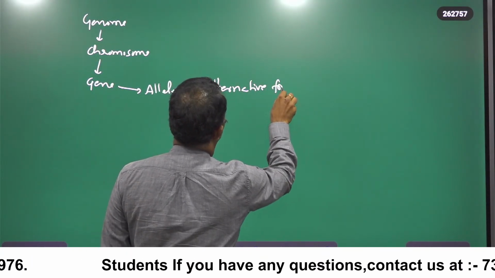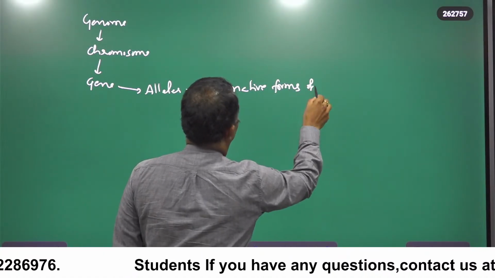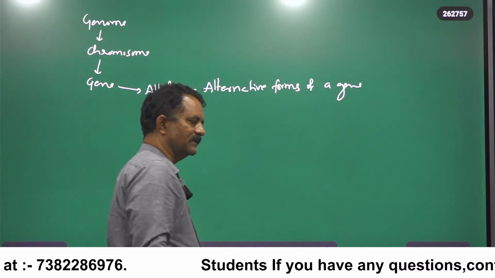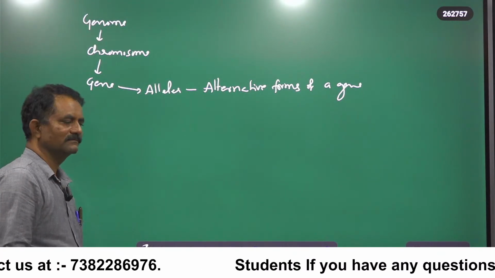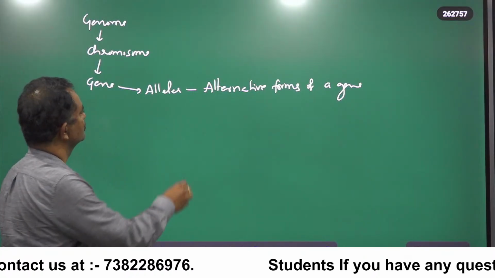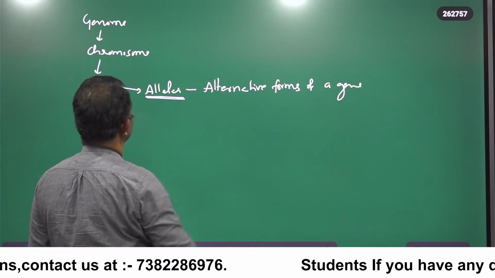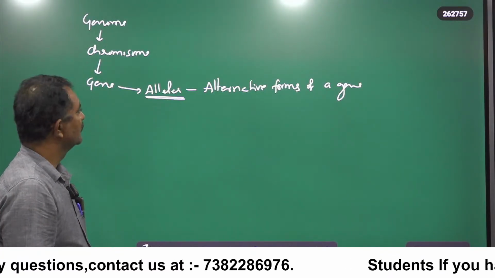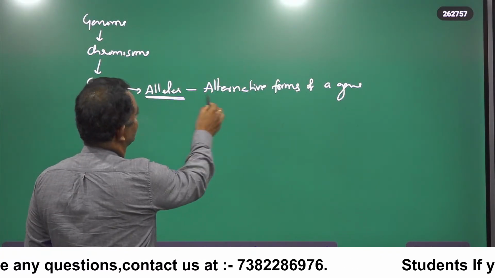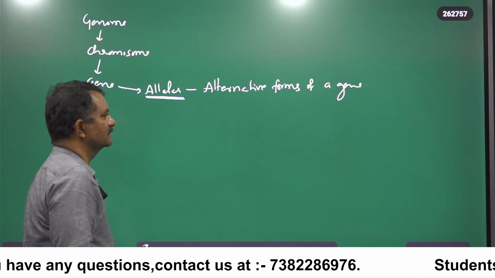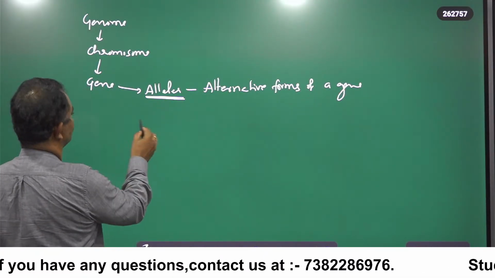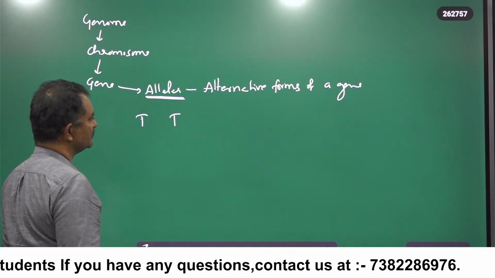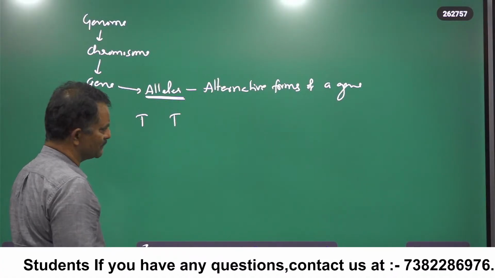Two different forms of a gene are called alleles, which are present on a locus. For example, capital T and capital T are there. These are the two alleles of the same gene.